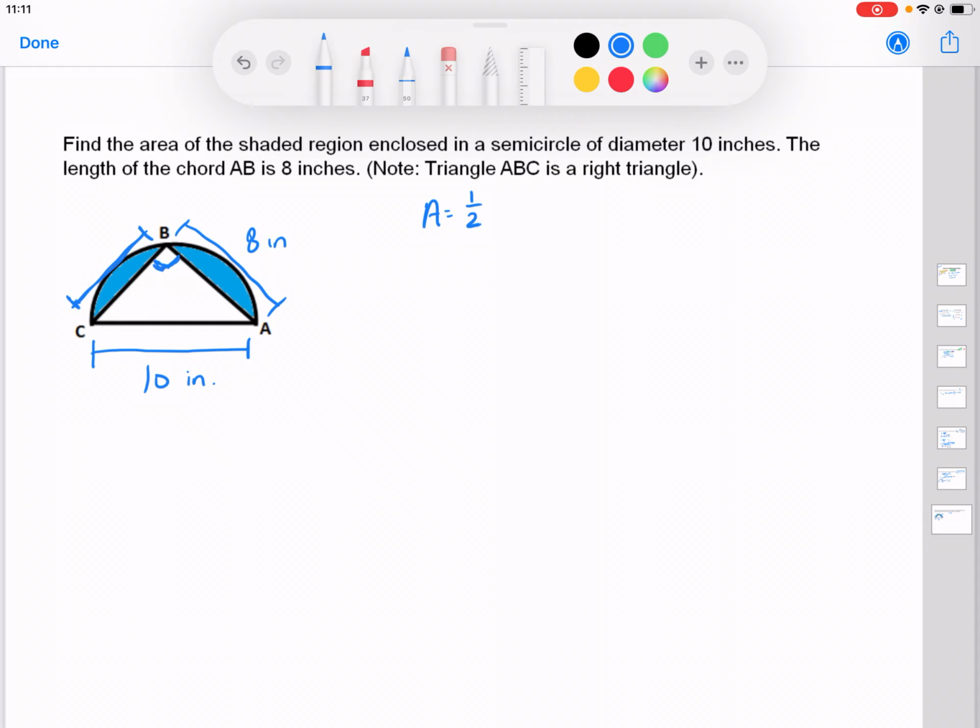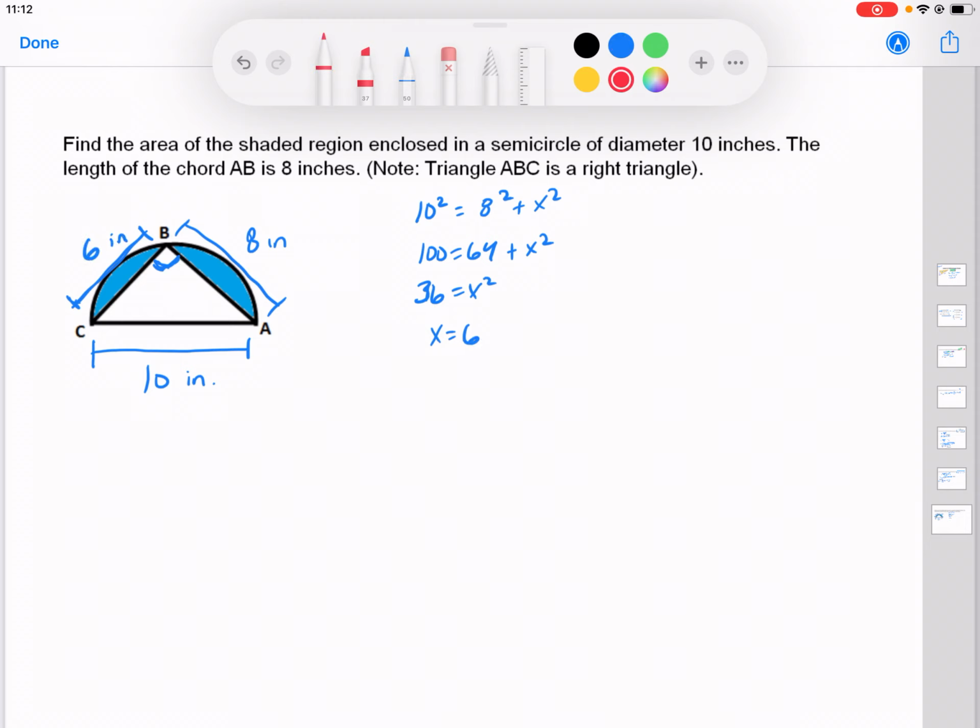So we've got 10 squared equals 8 squared plus x squared. So we've got 100 equals 64 plus x squared. If you subtract, 36 equals x squared, so x equals 6 inches.